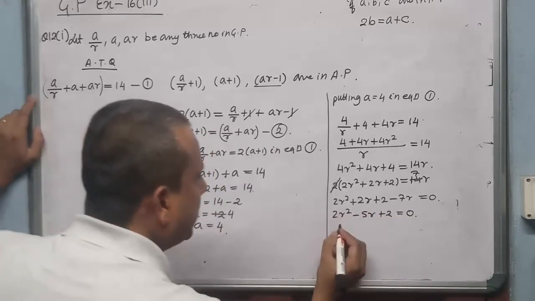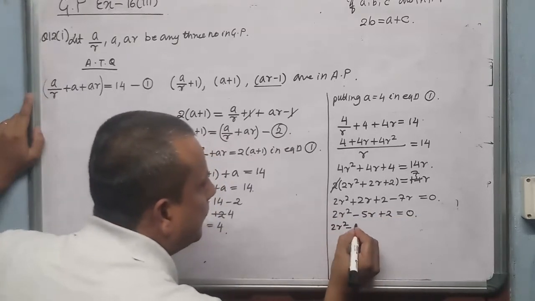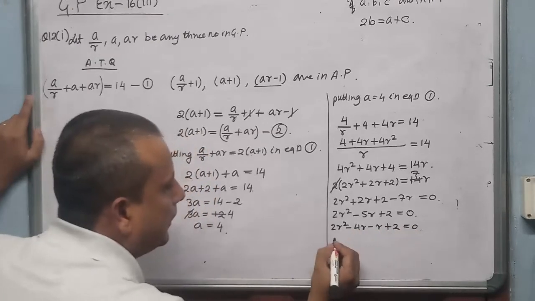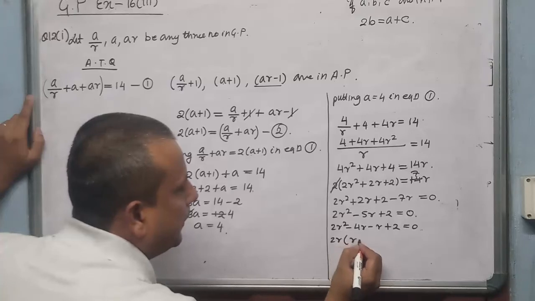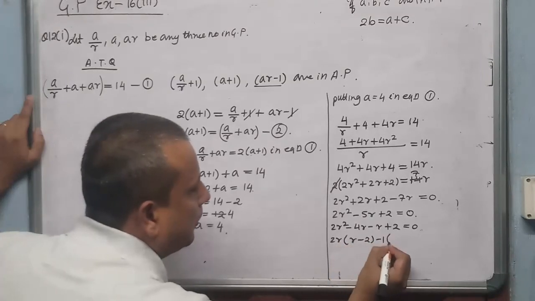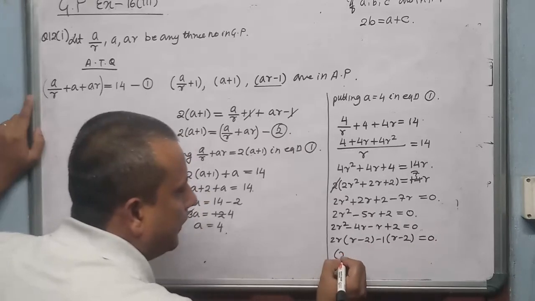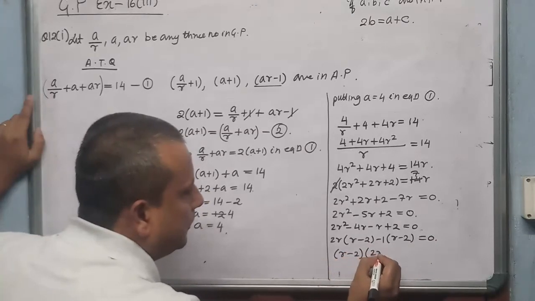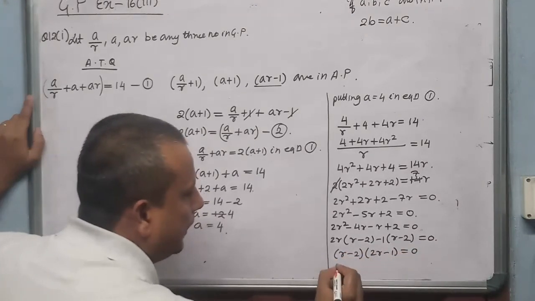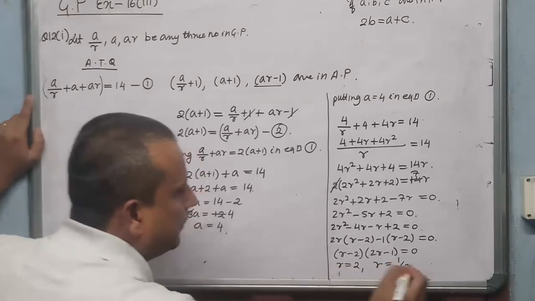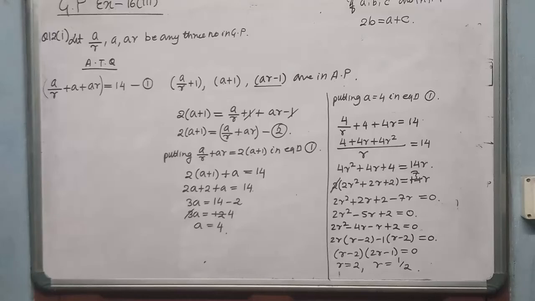Then resolve into factors: 2R squared minus 4R minus R plus 2 equals 0. Now I'll take 2R common, R minus 2, minus 1 common, R minus 2. Then R minus 2 into 2R minus 1 equals 0. Then either R equals 2 or R equals 1 over 2. We get that after the simplification.